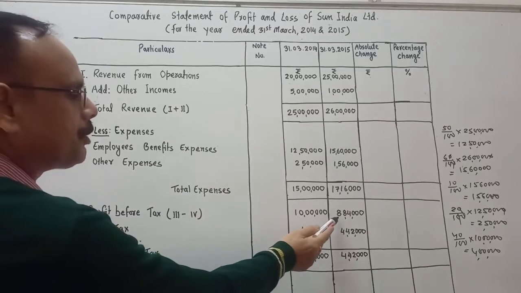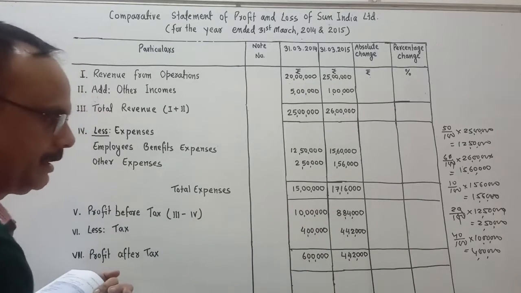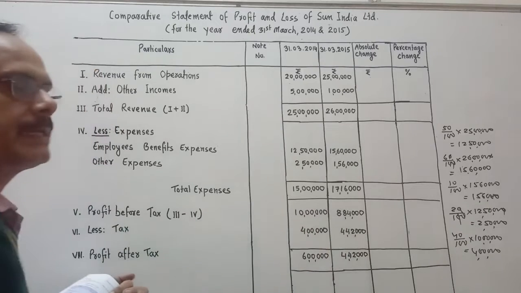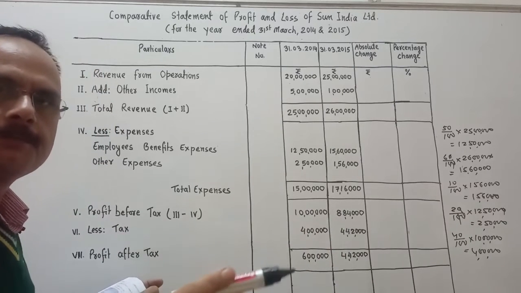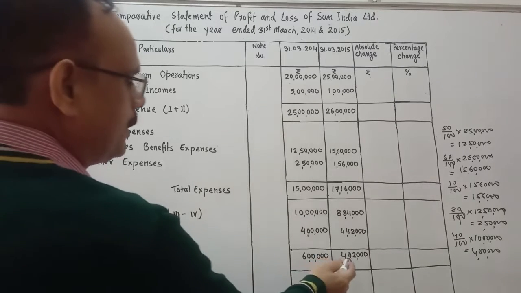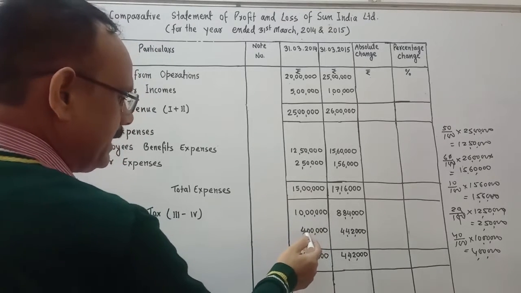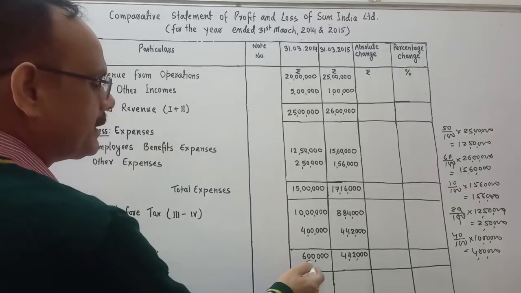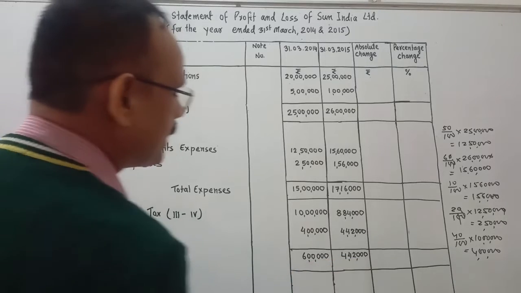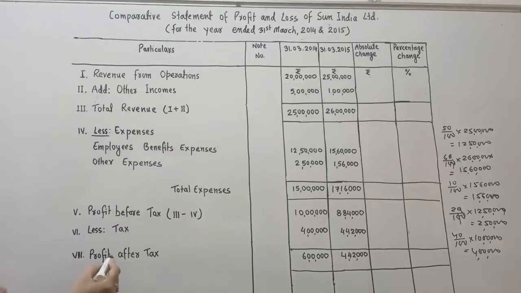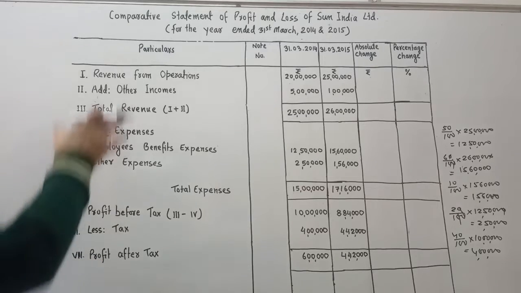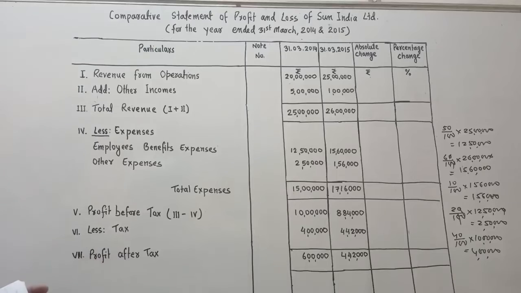So 50% of 8 lakh 84,000, that is 8 lakh 84,000 into 50 upon 100, is 4 lakh 42,000. Now you deduct it: profit before tax less tax. So profit after tax is 6 lakhs, and here profit after tax is 4 lakh 42,000. This is point number 7, in the prescribed format.